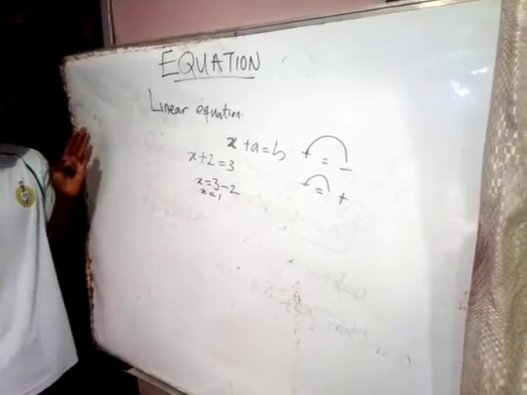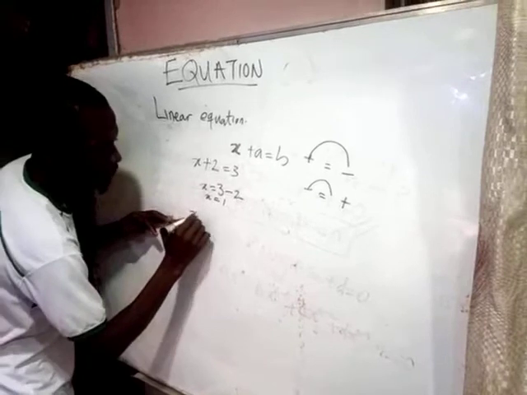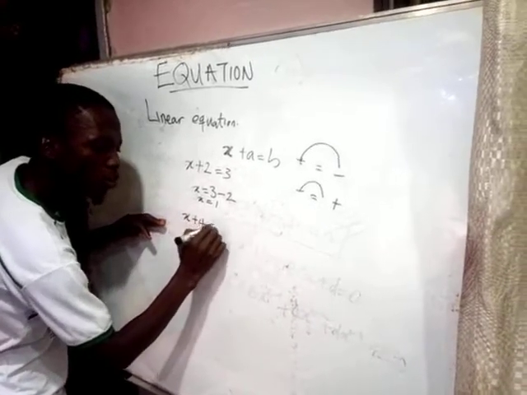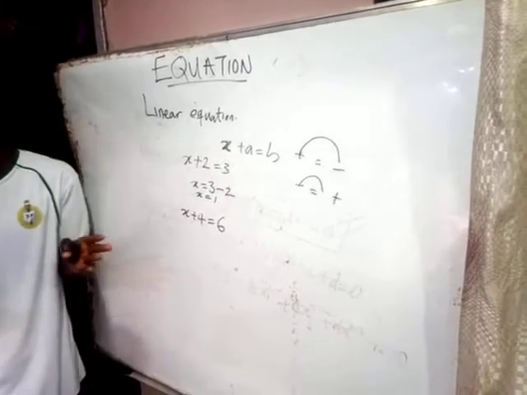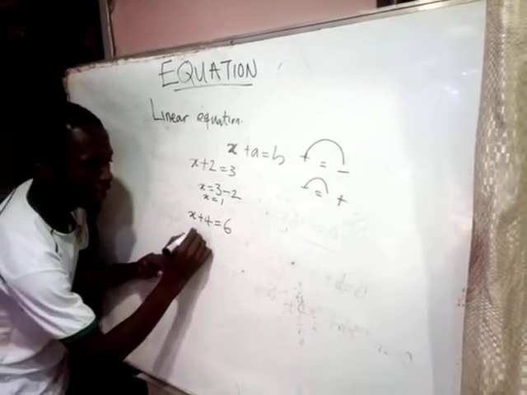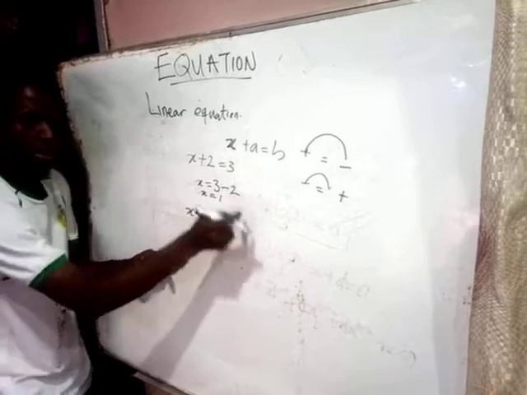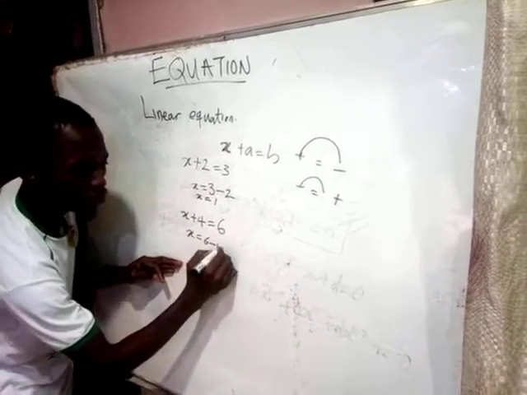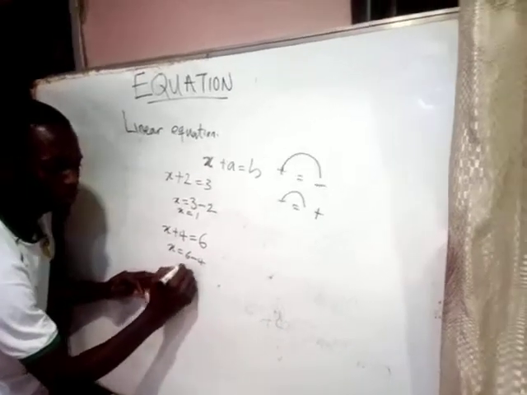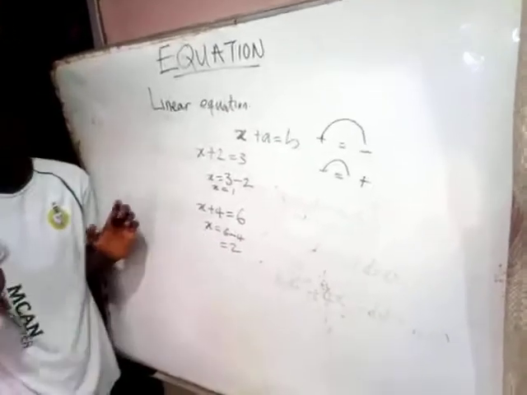Is it clear? So we have x plus 4 is equals to 6. How do we solve this? Say x is equals to 6, and the 4 we are taking here becomes minus 4. 6 minus 4 is what? 2. Is it clear?